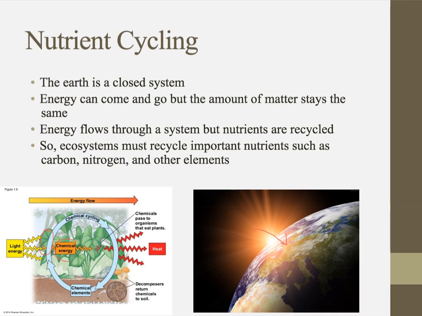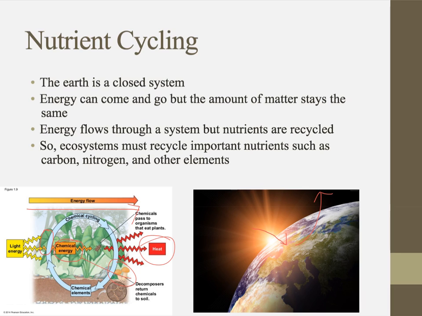It gets turned into chemical energy like glucose, which is then eaten by other organisms, okay? It eventually leaves the Earth's atmosphere again as heat given off by those organisms. So this energy is flowing through Earth's ecosystems, okay?